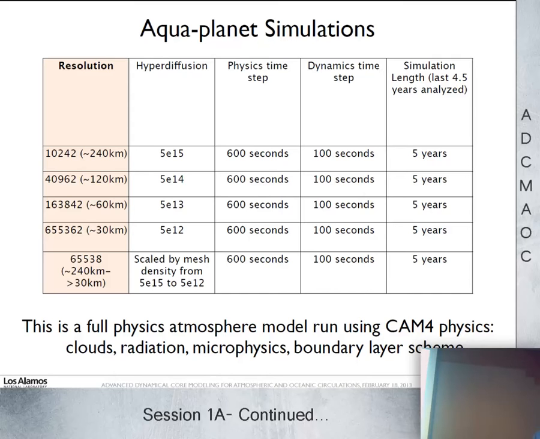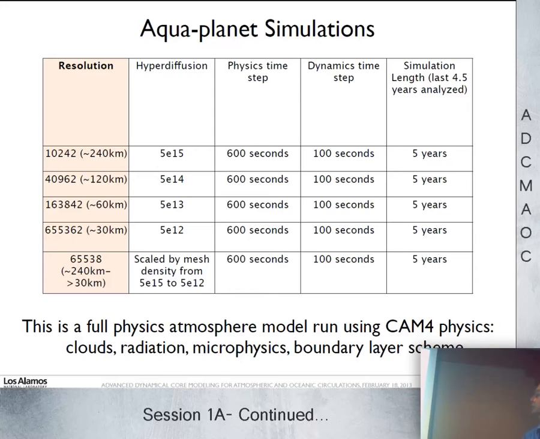The other point is, all these simulations were done with the exact same executable, the exact same parameter settings, and the only parameter that changed in these different simulations is one parameter, the hyperdiffusion. On the momentum equation, we use a monotone transport scheme for a scalar, so we don't need any ad hoc closure there. And it just reduces by a factor of 10 every time we double the resolution.